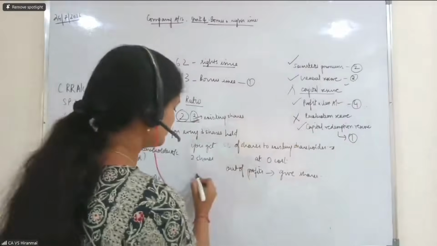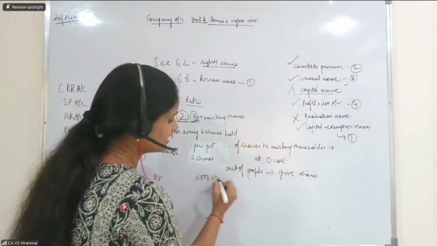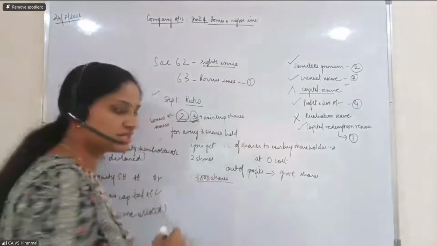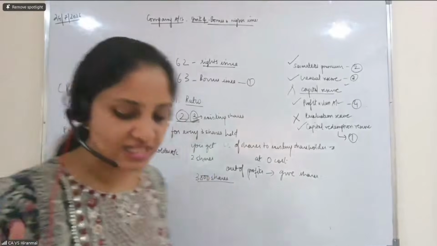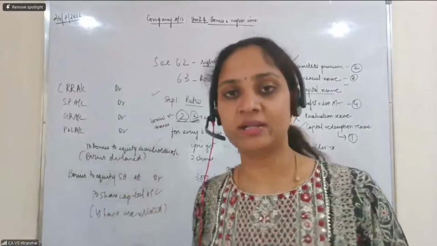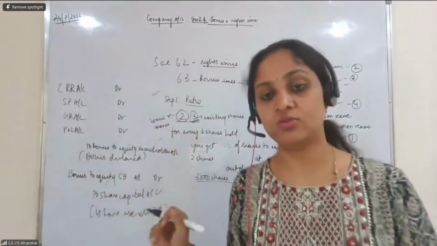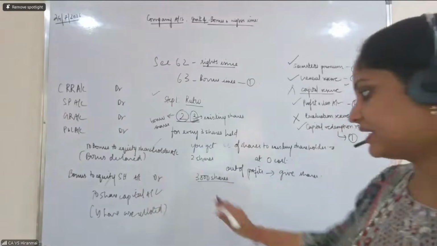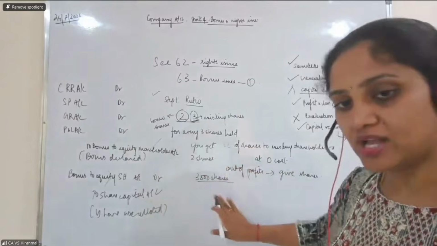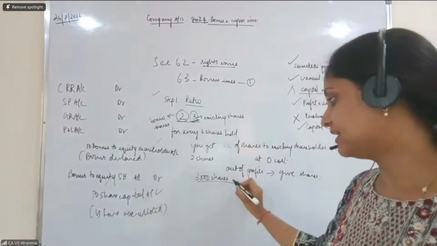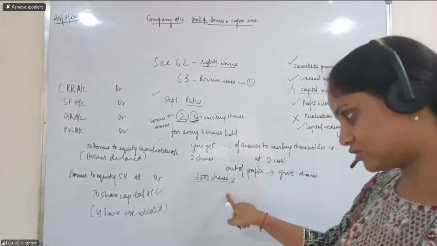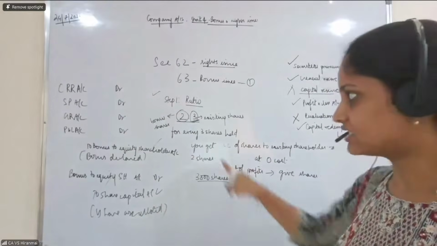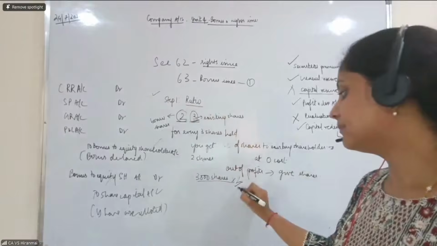For example, you are a person who is holding 3,000 shares in the company. कितना shares आप hold कर रहे हो? 3,000 shares. तो question can come, compute the bonus shares. So bonus shares को compute करने के लिए अभी इस ratio को यहाँ पे कैसे अप्लाई करते हैं? It will be 3,000 shares into 2 divided by 3.